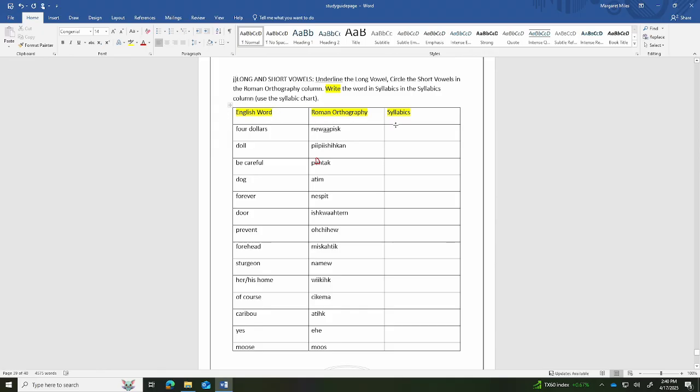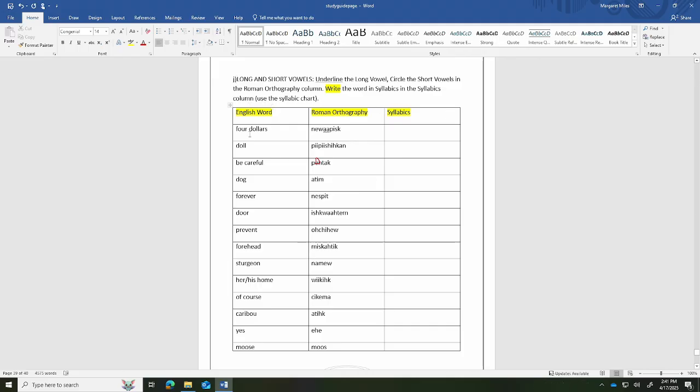So there are 3 columns on this chart. The first one is the English words. The second column is Roman orthography and syllabics. So write the word in syllabics in the syllabics column.